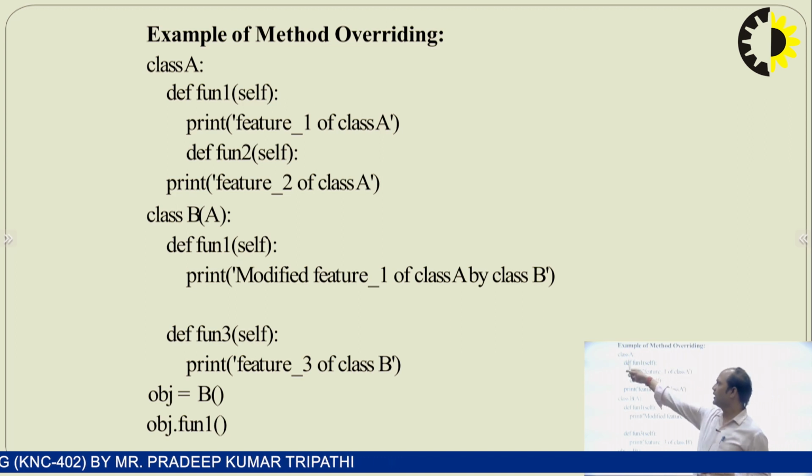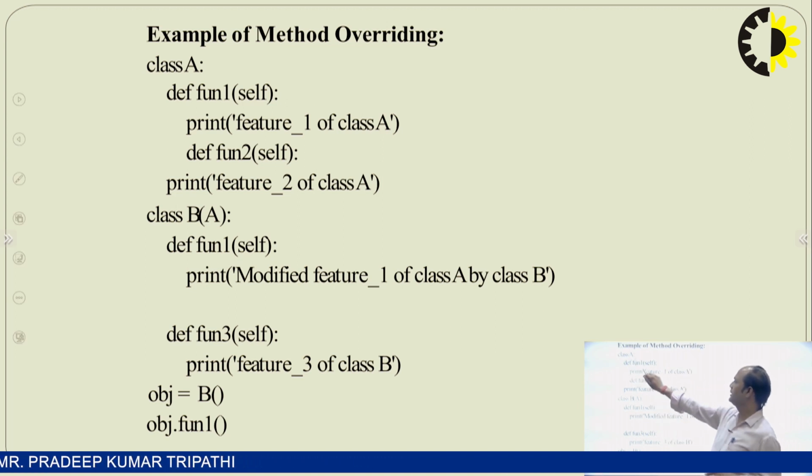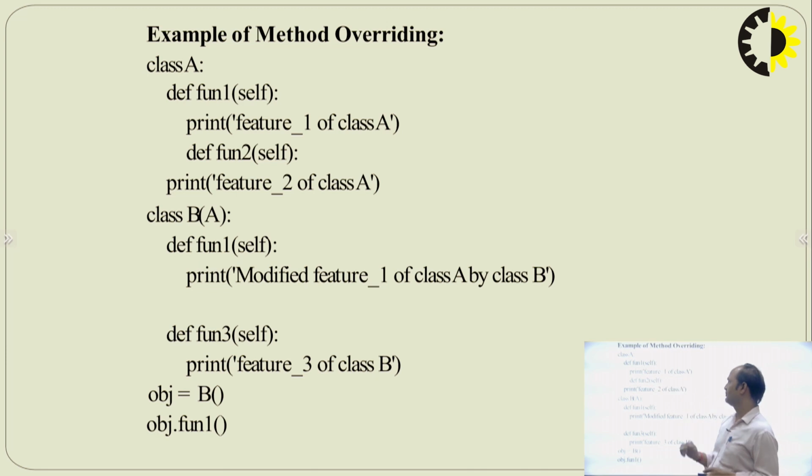We create a class A, and in class A we define function 1 and pass the parameter self, and a print statement, feature 1 of class A. Then we define function 2 with self, and this is a print statement. We inherit class B from class A, and we also define function 1 with the same parameter, self, and print a message.